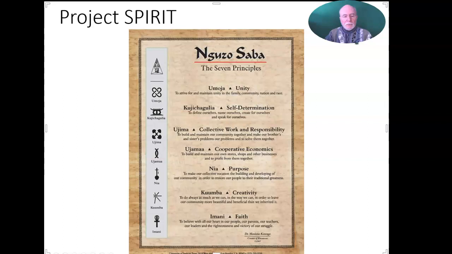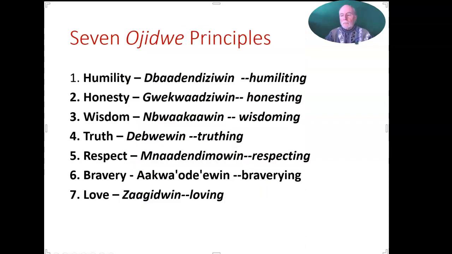A different set of principles informed a Native American after-school program, 7 Ojibwe principles, taking the form of verbs in the Ojibwe language, and in the English language as nouns: humility, honesty, wisdom, truth, respect, bravery, and love.